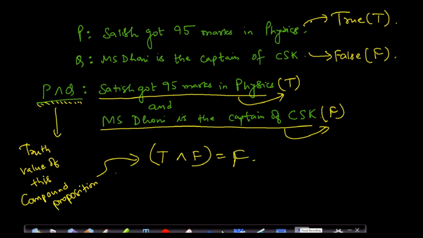So the conjunctive rule says that the compound propositional statement would only be true if all the propositions are true. This conjunction is also called the AND operation. In real life, when the desired output for us is that both of the propositions have to be true, then we connect them using the AND connective.